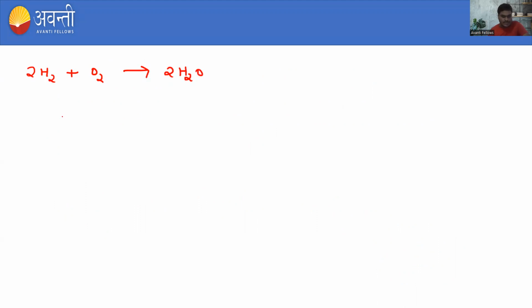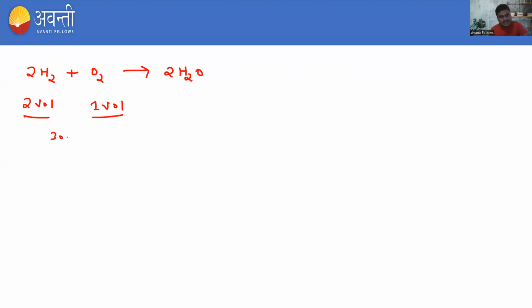Okay. So here initially it is given two volume, one volume. According to Avogadro's law, stoichiometry can be understood in terms of volume as well, since the number of moles of gas is directly proportional to the volume. So two volumes of H2 react with one volume of O2 to give water.